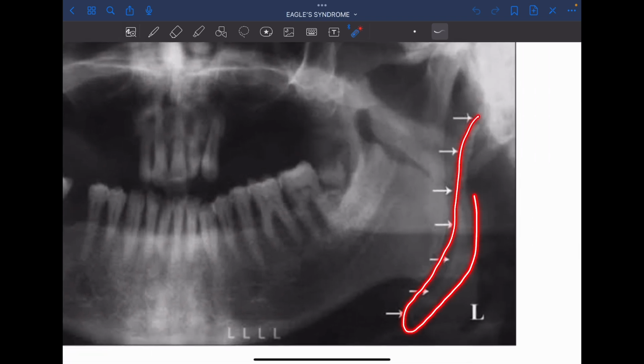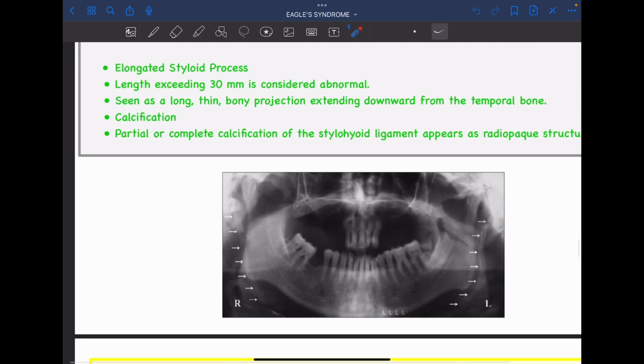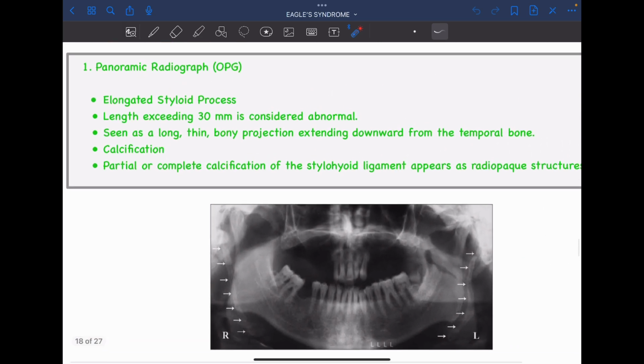This is the classic case of Eagle syndrome wherein you can appreciate the elongated styloid process bilaterally on the OPG. Then the length exceeds 30 mm. When it exceeds 30 mm, it is considered abnormal. Then it is seen as a long tiny bony projection which points downwards from the temporal bone, right here.